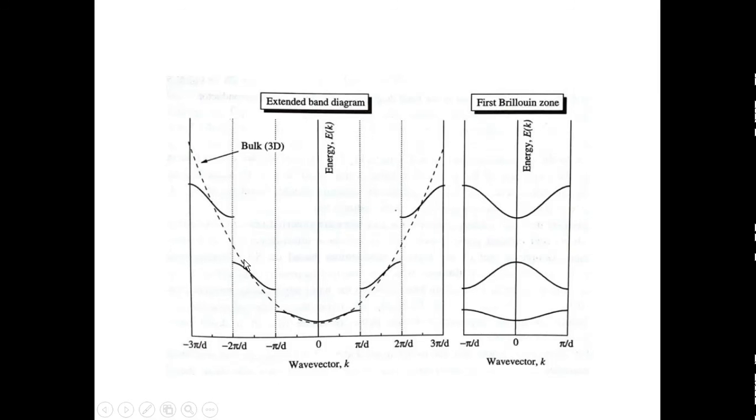So in each Brillouin zone, the energy band is folded as shown here. This is a folded energy band. This is the actual parabolic square quantum potential. Here, it is folded in between the regions called the Brillouin zones, and this particular feature is called zone folding.